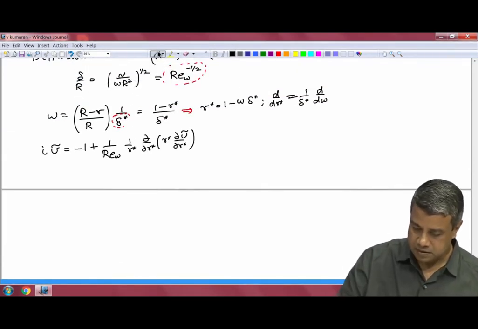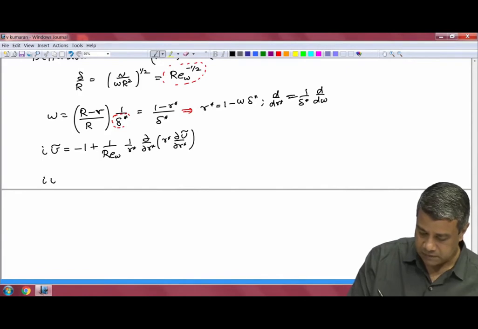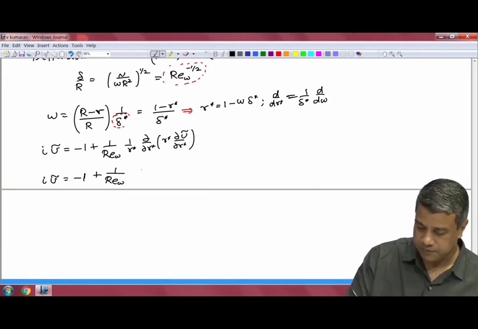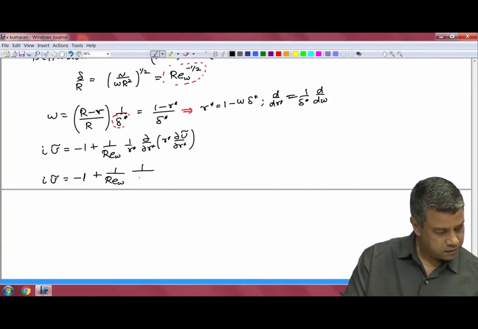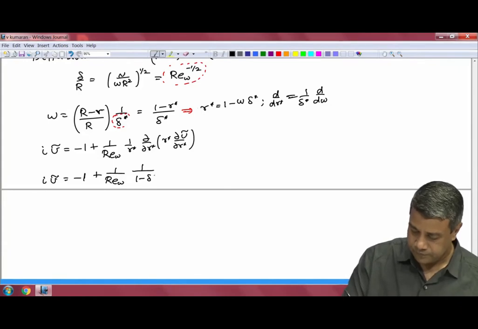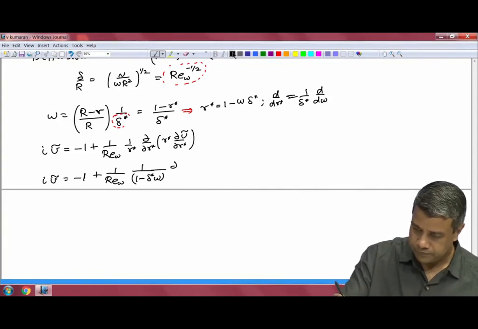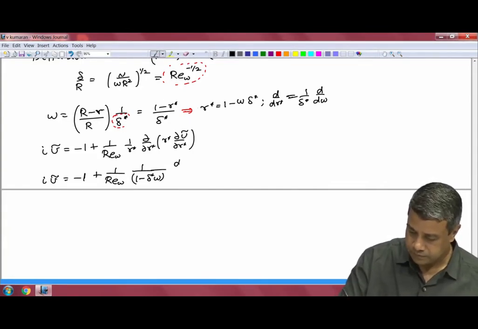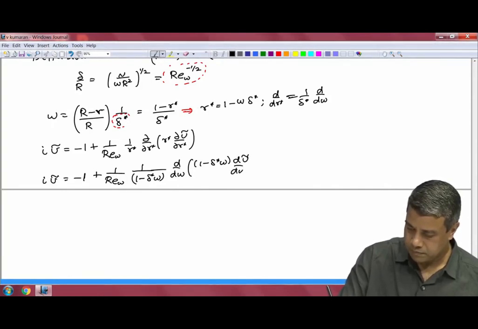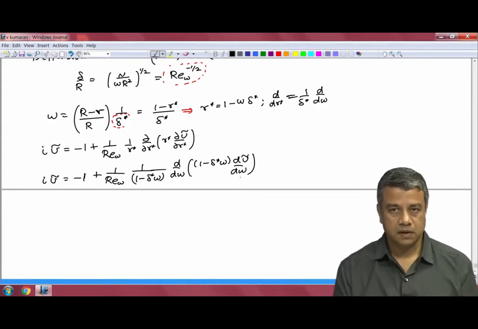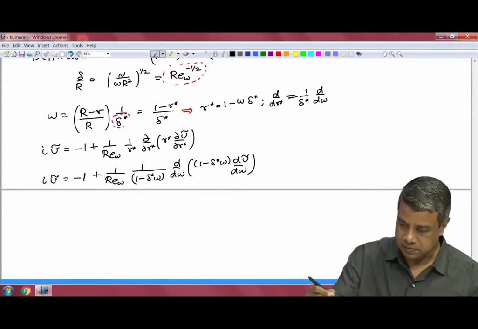So, substitute into the equation I v tilde is equal to minus 1 plus 1 by Re omega.